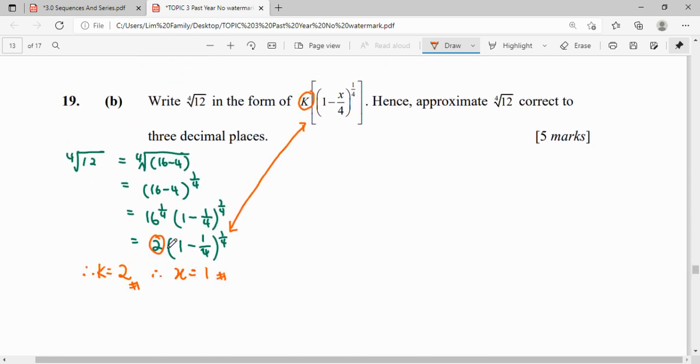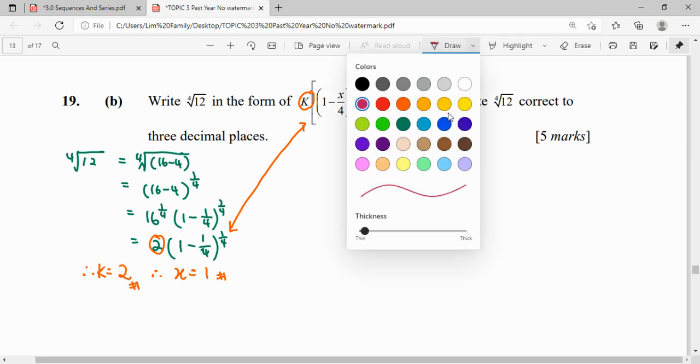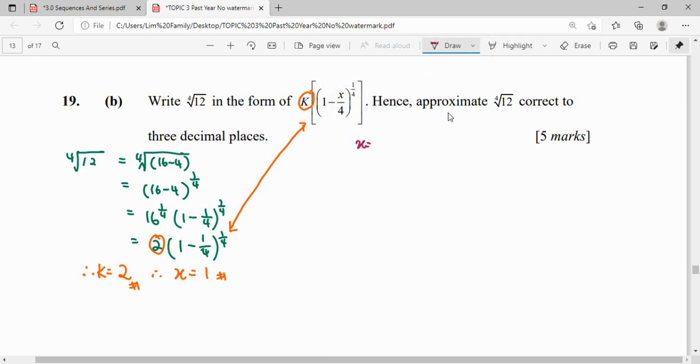So by using this information, we managed to change this form into this pattern. We are going to approximate its value, which means we are going to use the expansion to find the value of this fourth root of 12. So use x equals 1 and substitute into both sides of our expansion.